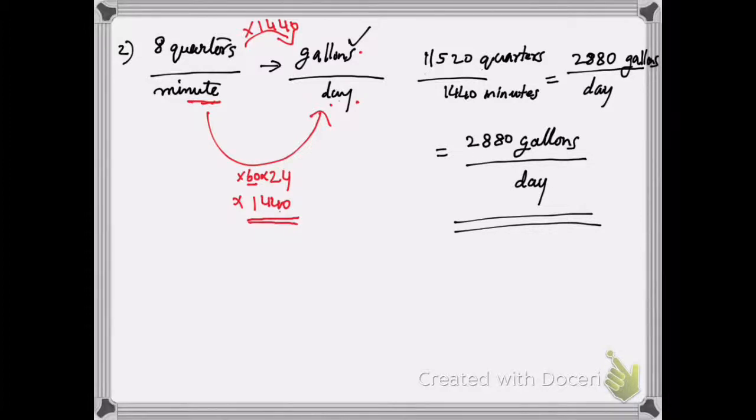So when you transform a minute into a day, first you want to find out how many minutes you have in a day. One day has 24 hours, and each hour has 60 minutes. So you have 1440 minutes in a day.